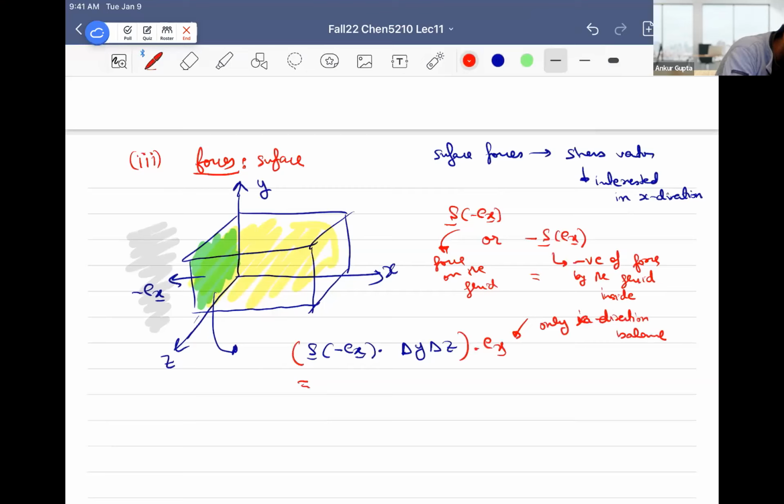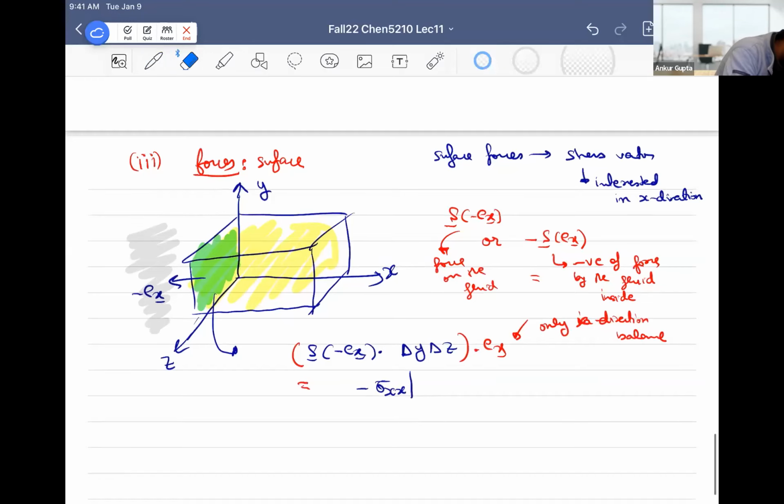So this will come out to be minus sigma xx times delta y delta z at x. That will be the component that comes on this surface.